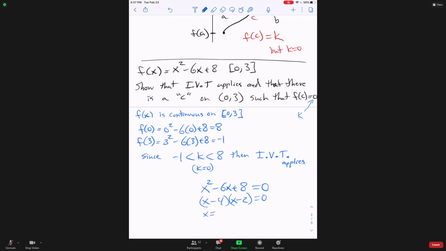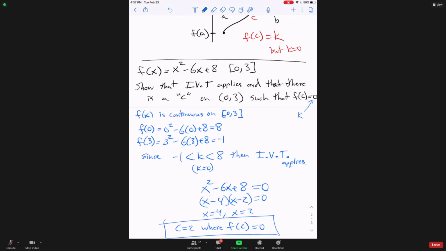So you get x equals 4 or x equals 2. So the final answer is C equals 2, where f of C, not f prime, there was no derivative here, equals 0. Now, can someone answer the question of why did I pick C equals 2 and I ignored the 4?